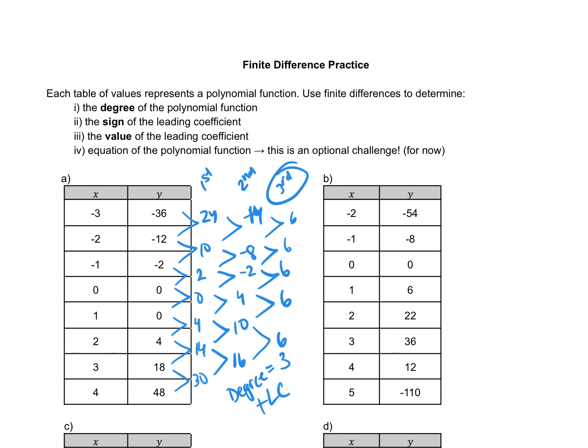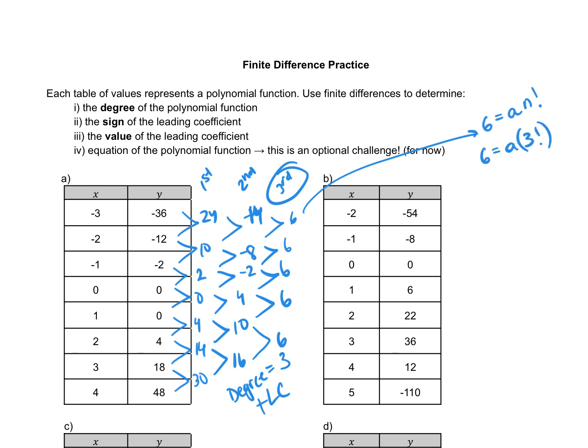And then if I want to know my a value, I'm just going to go on the side here. Well, we know that our finite difference, so that constant value of 6, would be equal to the leading coefficient times that n factorial when n is the degree. Well, we know our degree is 3.